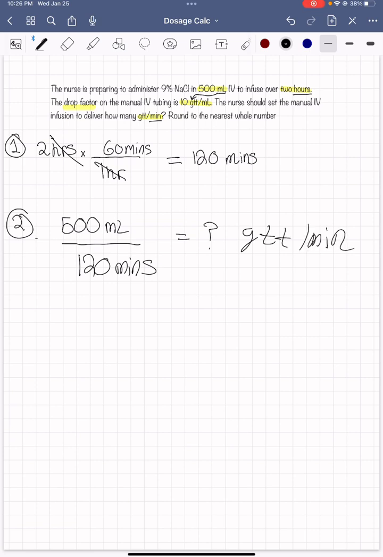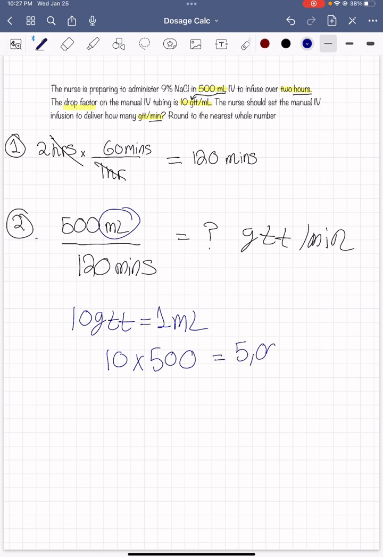So we need to take a peek at our milliliters. So remember, there are 10 drops in 1 ml. So I need to multiply 10 times 500. This gives us a pretty big number. This gives us 5,000 drops. So that's our total amount of drops we have in this 500 milliliter solution.